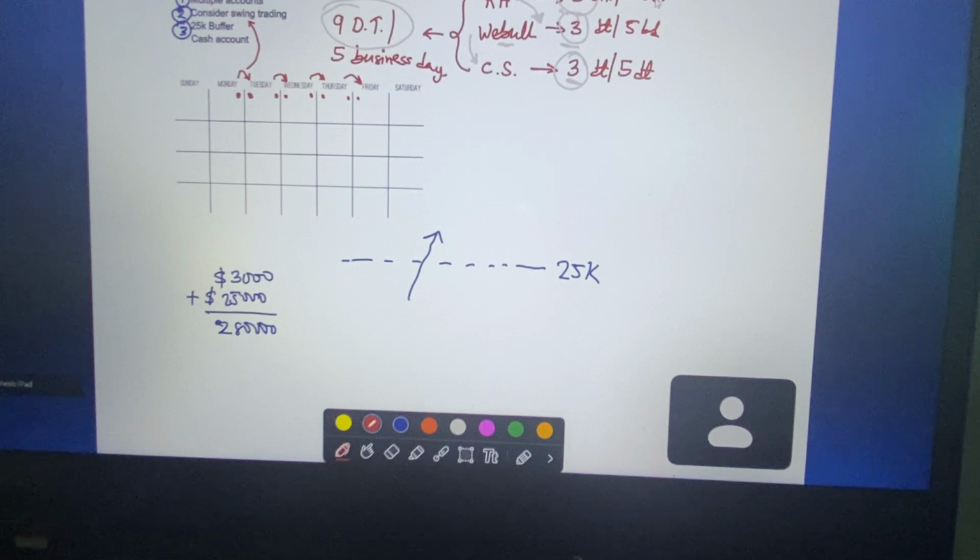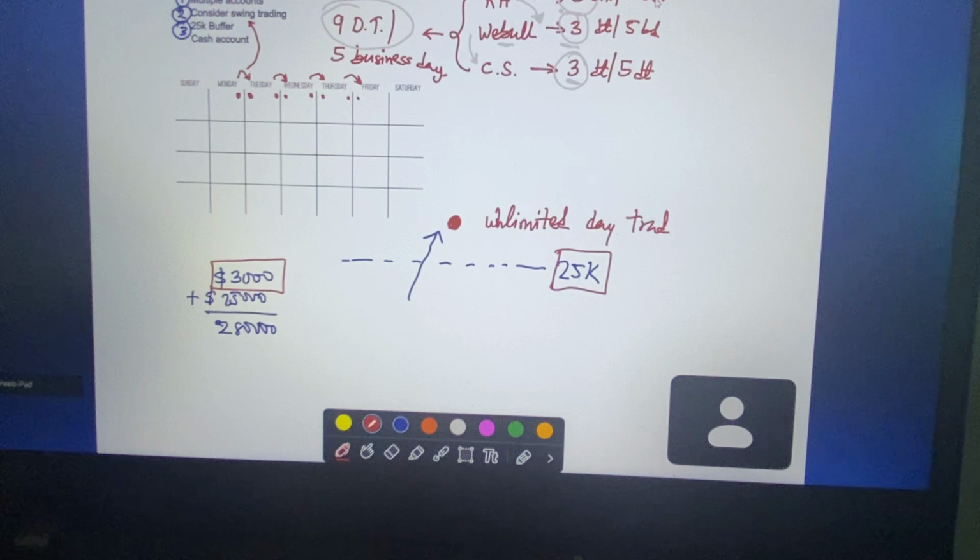The way the strategy works is you continue trading with that 3,000 which you initially had, and the deposit is only here to get you unlimited day trades. And with unlimited day trades, this means you can buy and sell every minute if you wish, every hour. There's no limit at all whatsoever.